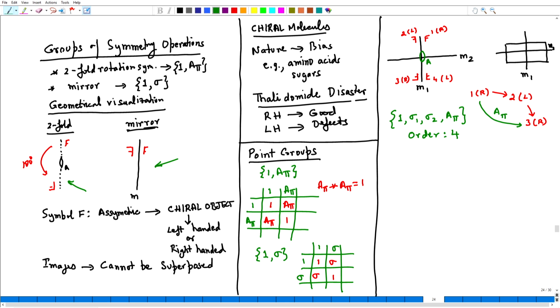Now let us try to draw the group multiplication table.